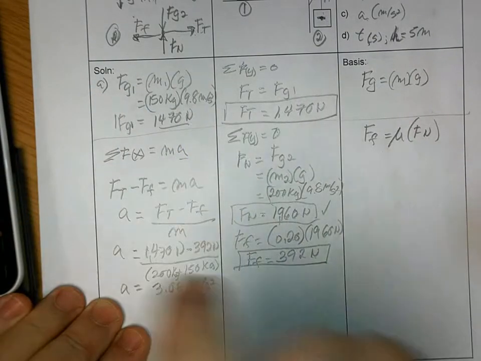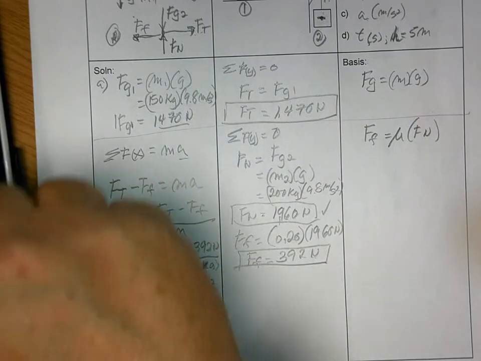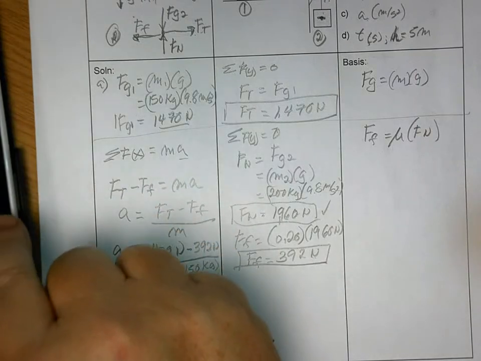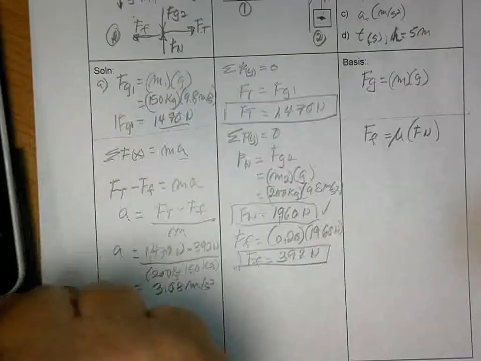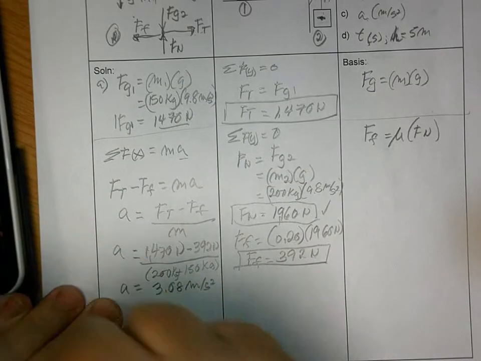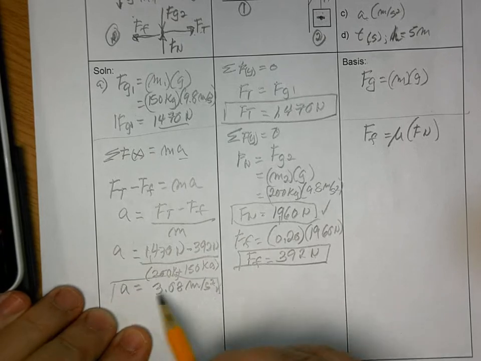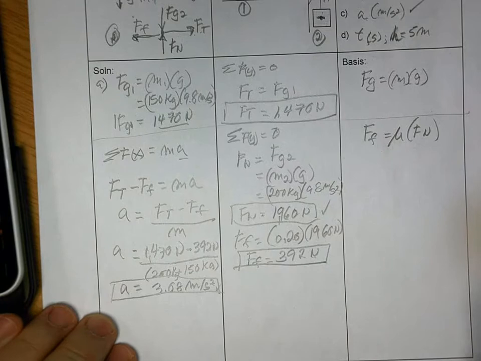So 1470 minus 392 equals, divided by, this is 350. Okay, so that's correct. Okay, I verified it, which is really good that you do that. In a complicated problem like this, you have to.